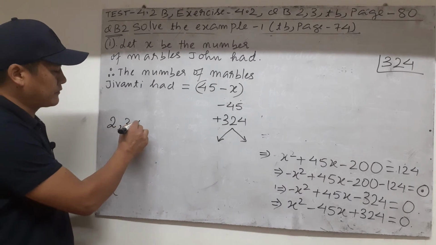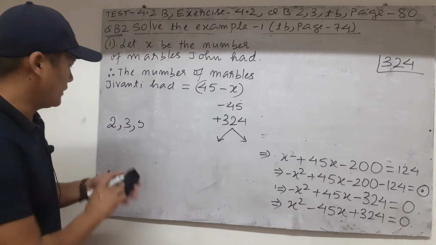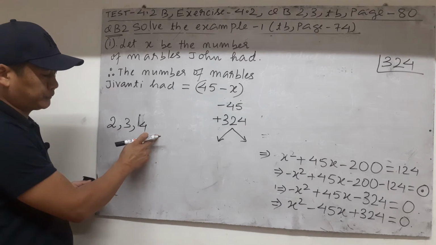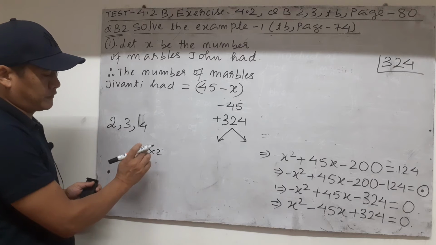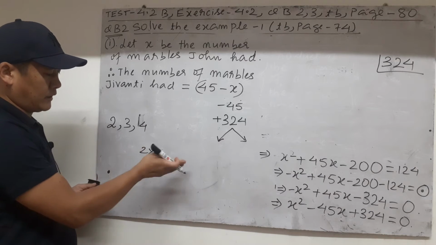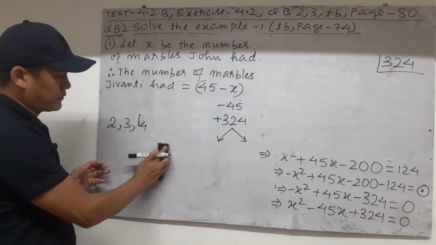The next prime number is 5. I didn't take 4 because 4 ones are 4, but 2 twos are also 4. So there are other factors except 4 and 1. Such numbers are not prime, they are composite.